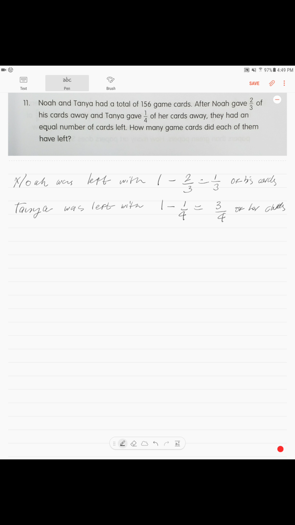Right? Now they tell us after they gave away, they had an equal number of cards left. Right? So basically, 1/3 of Noah's is the same thing as 3/4 of Tanya's. Right?